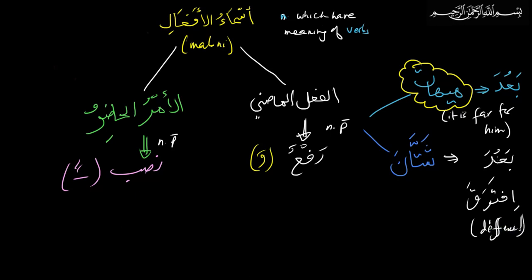What a difference it is. Far from him to do this, or what a difference it is. Shatana bain al-alim wal-jahil. What a difference there is between the learned and the ignorant. This is another example of a noun that's acting as fi'l madi.